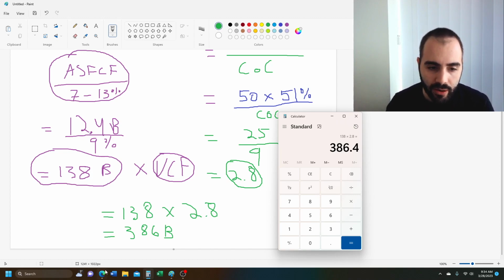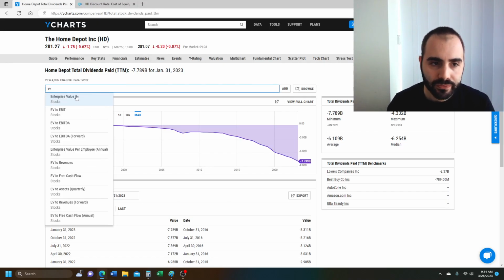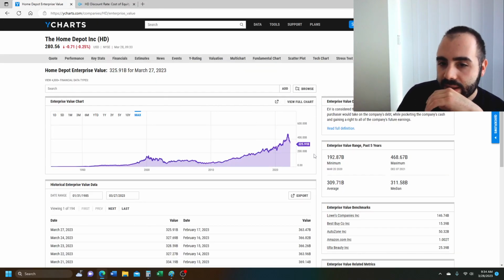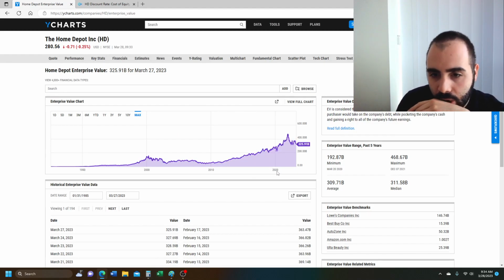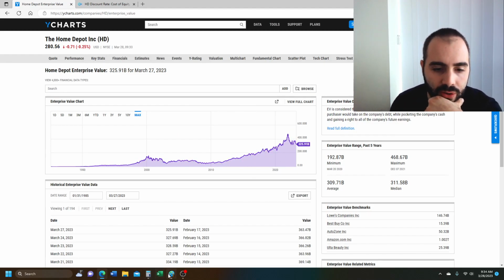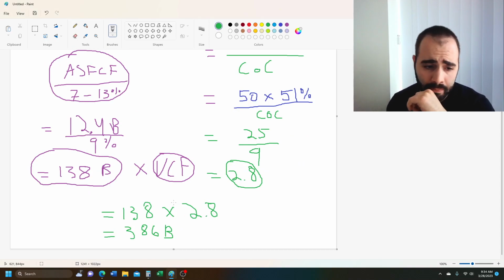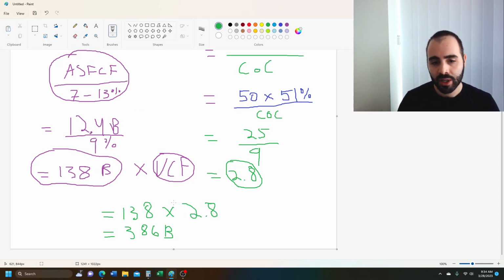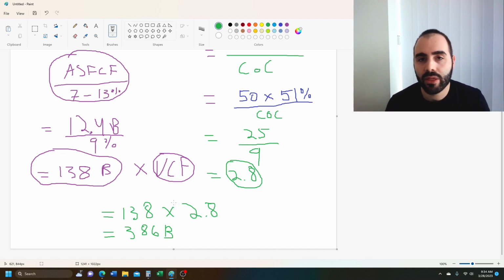If we look at the current enterprise value of Home Depot, we see that it's roughly trading at a little bit below this intrinsic value calculation. Maybe not enough to justify a purchase, but we can see that if Home Depot falls another 10, 20, 30%, maybe we feel comfortable making the purchase.